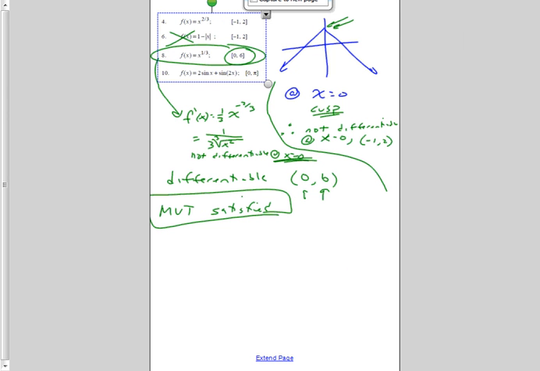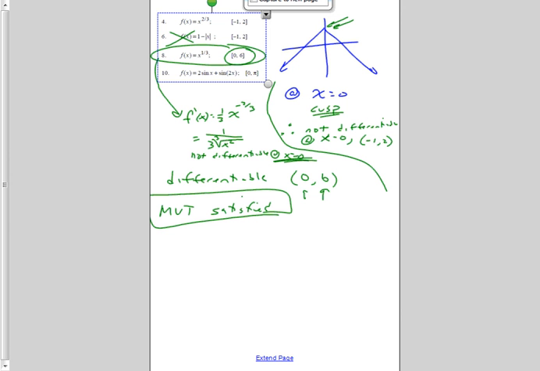So we need to find the value of c. Let's find out where we have that exact instantaneous velocity that equals the average velocity or average rate of change.